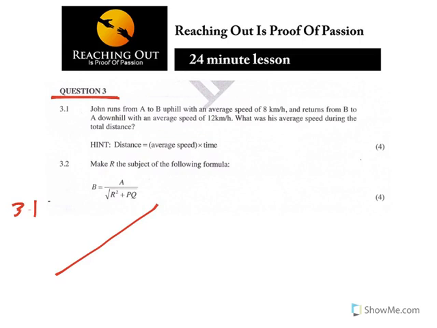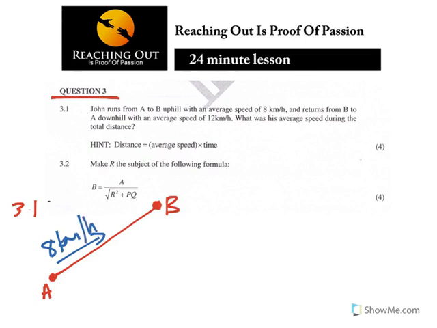We've got 2 points. Here you've got point A. Here you've got point B. Now John is running from A to B and they're telling us it's 8 kilometers an hour.